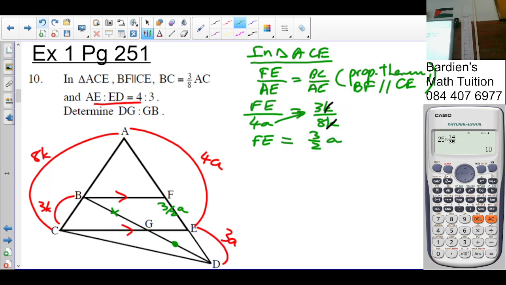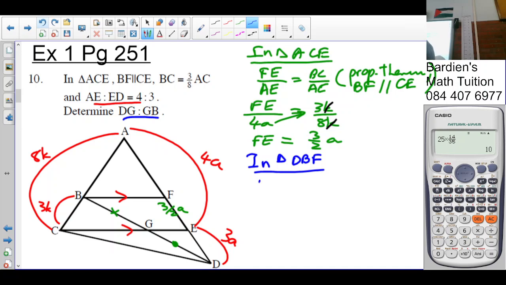Right, now we're going to go into the other triangle. So now we say in triangle, people, something like this is minimum 6 marks, 12%. So what triangle are we going to work now in? DBF or FBD, whatever. What can we say? We go in the ratio they want.